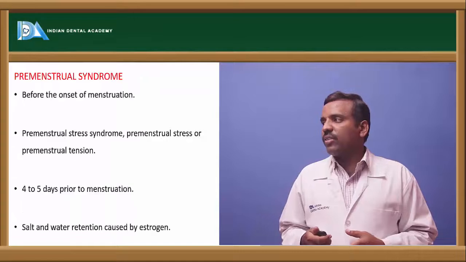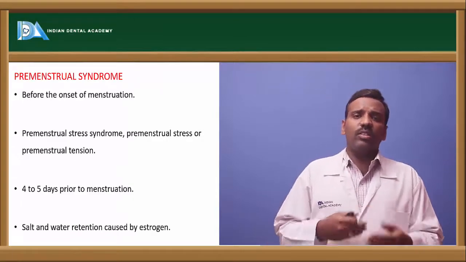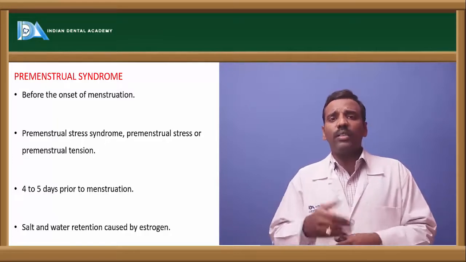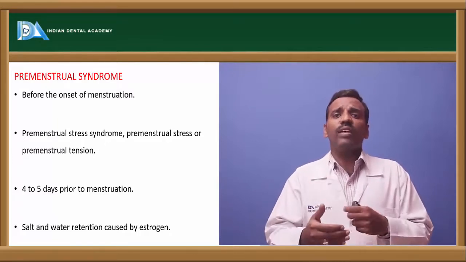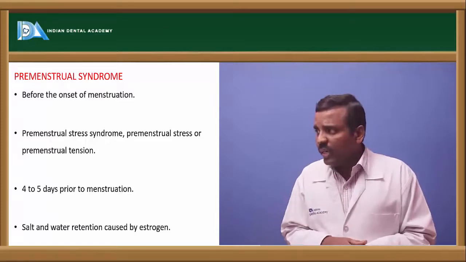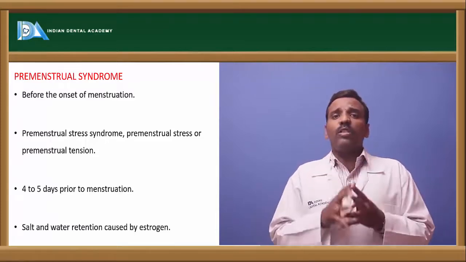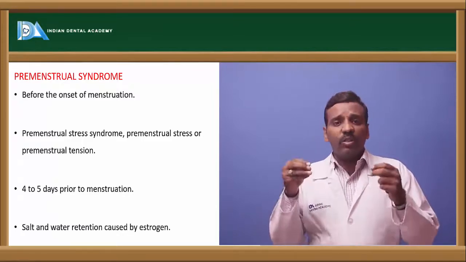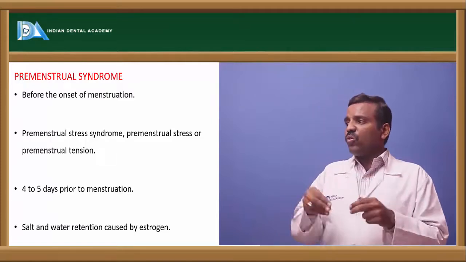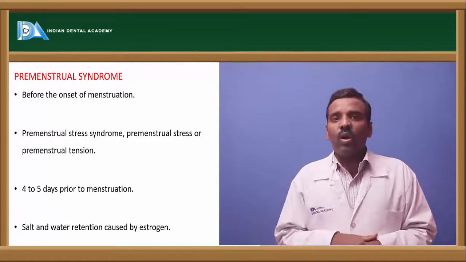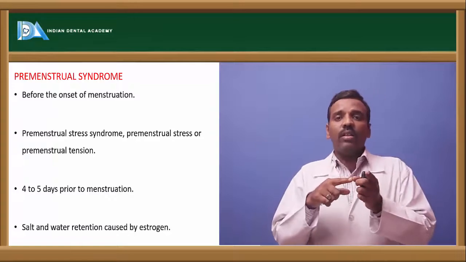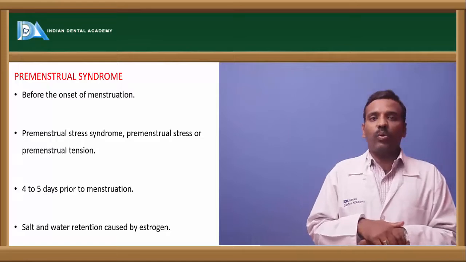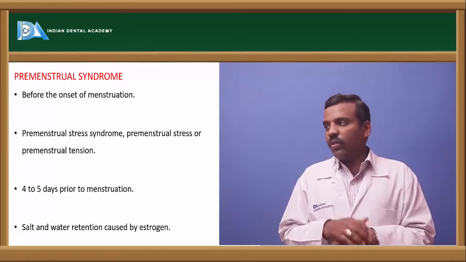Okay, and next, premenstrual syndrome. In some females, premenstrual syndrome occurs before the menstrual phase gets started. In that there is abdominal pain and premenstrual stress, 4 to 5 days prior to the menstruation, with all the same symptoms as in menstruation. This is PMS, premenstrual syndrome.